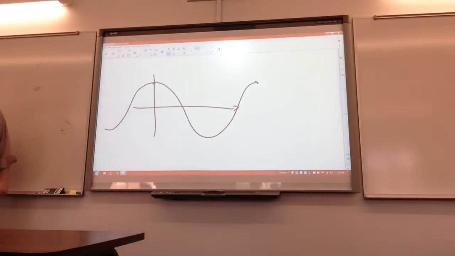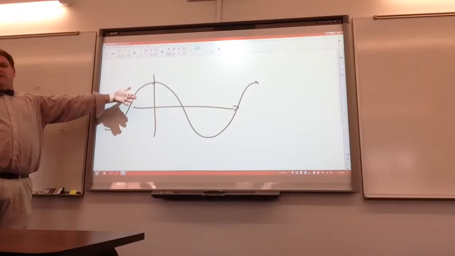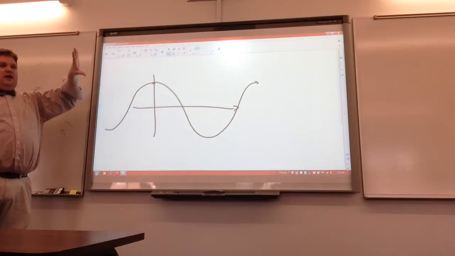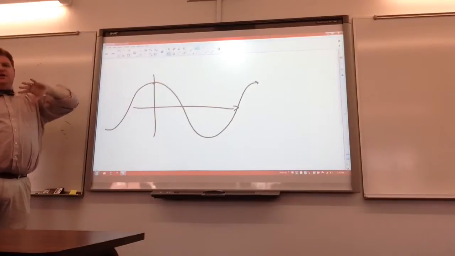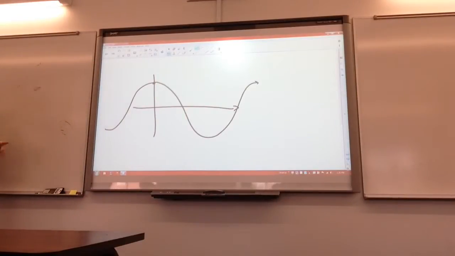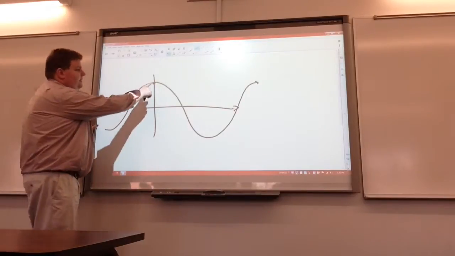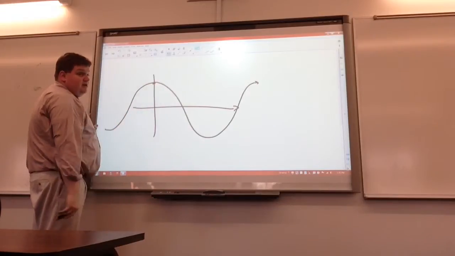Remember, the idea behind an inverse function is that I should be able to take my graph and rotate it about the origin and get the flip of the picture. That is, the x's and y's flip. Well, what happens if I flip my x's and y's here? Is it going to be a function?